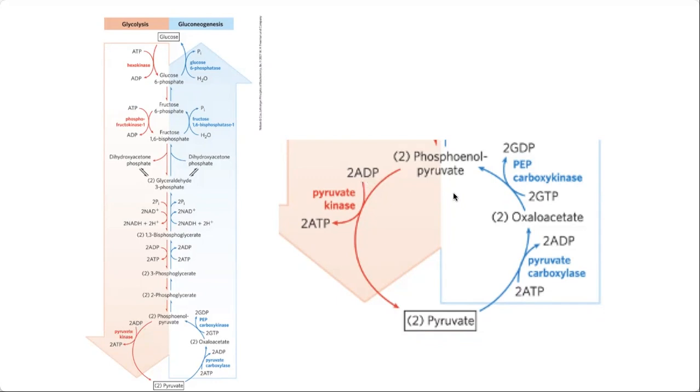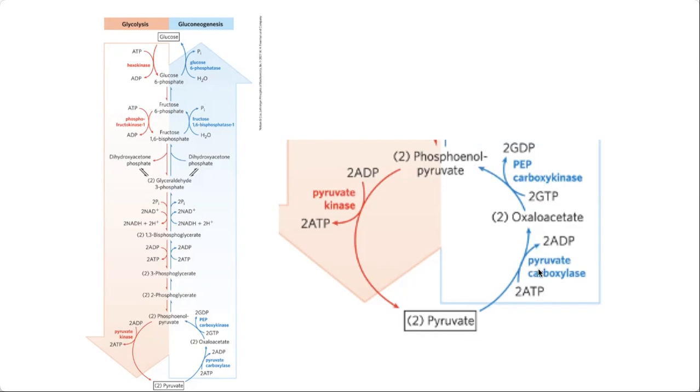To go in the other direction, we're going to need 2 enzymes in a kind of convoluted way. We're going to take pyruvate and change it to oxaloacetate through pyruvate carboxylase, and then take that oxaloacetate and use PEP carboxykinase to phosphorylate it to give us phosphoenolpyruvate.